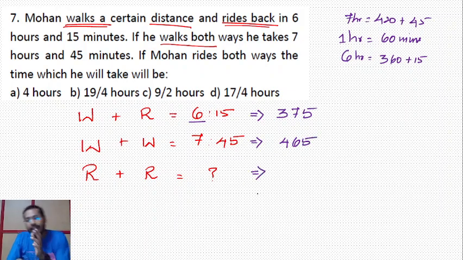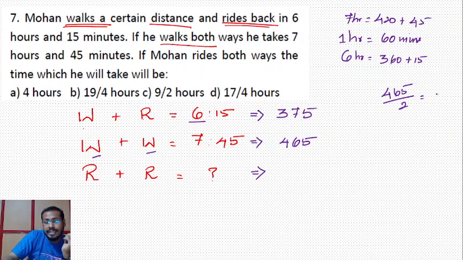Here we clearly know walking and riding takes 375, but walking both ways, A to B and B to A, takes 465. So I can split it into 2 halves, one for walking from A to B and another for the return journey.